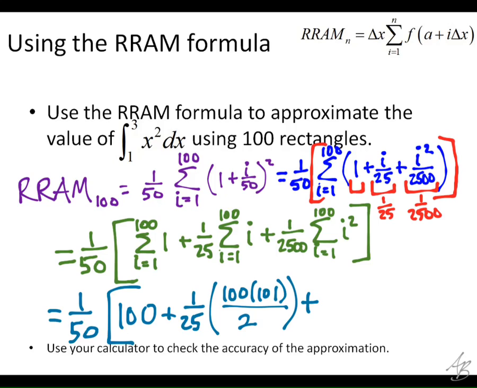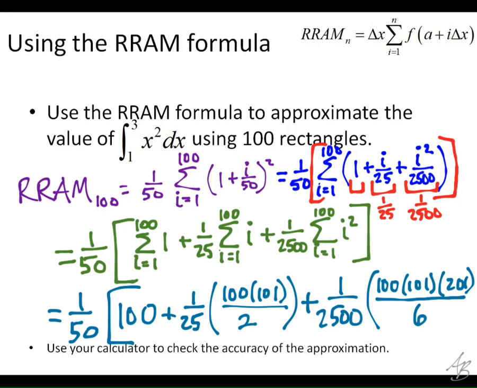Plus 1 over 2500. Now we're going to use the i squared formula, which I don't know off the top of my head: n times n plus 1 times 2n plus 1. So n is 100 times n plus 1 times 2n plus 1, divided by 6.